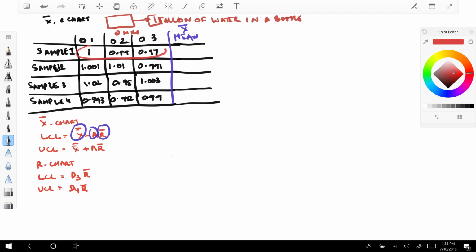For the first one, 1 plus 0.99 plus 0.97 divided by 3, which is going to be 0.986.